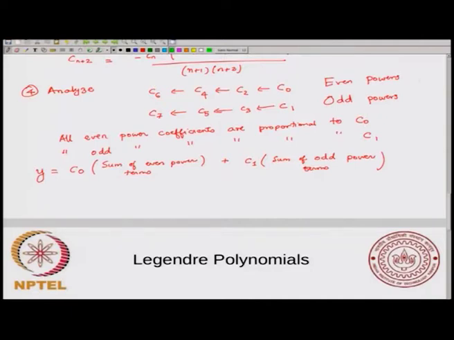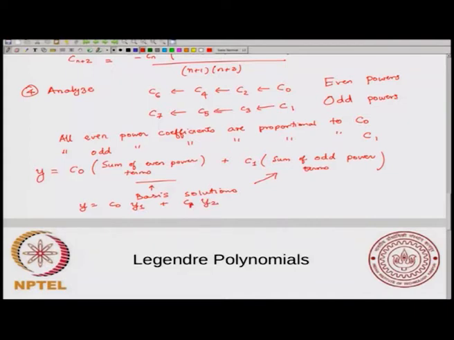This is a very nice form because you can think of these as basis solutions. Then you have the form y equal to C0 times y1 plus C1 times y2.